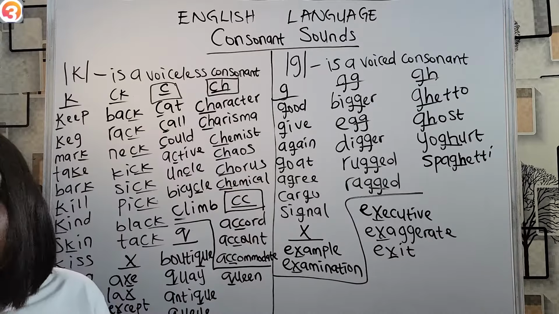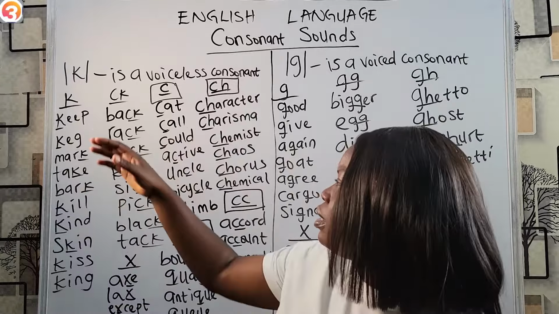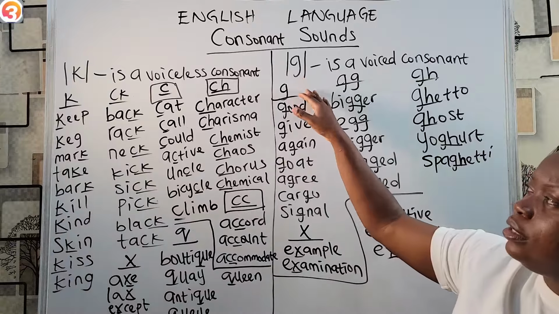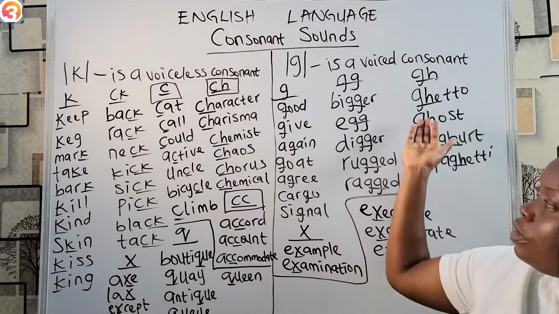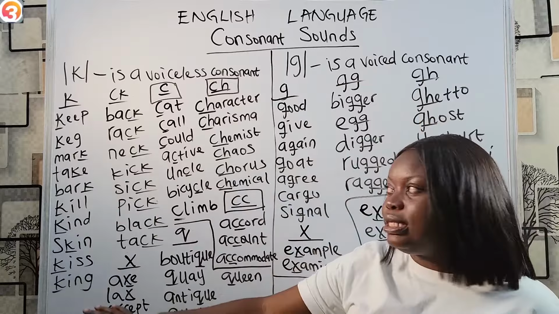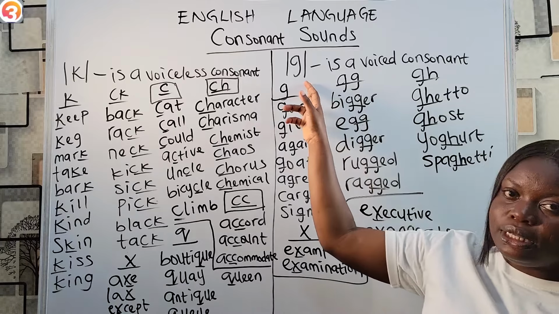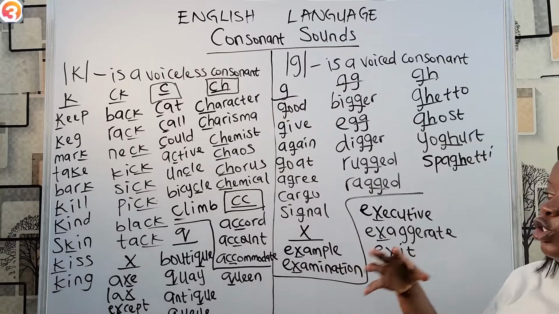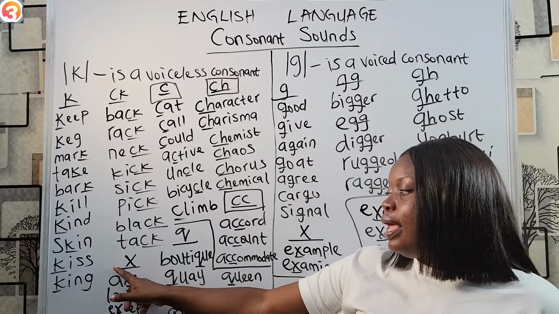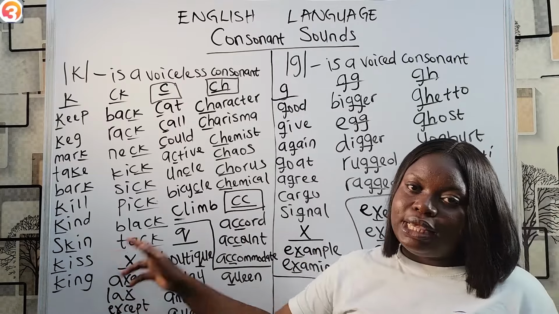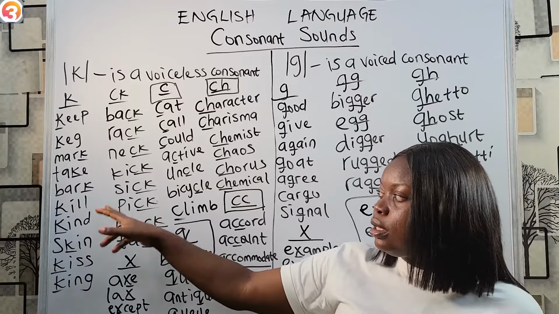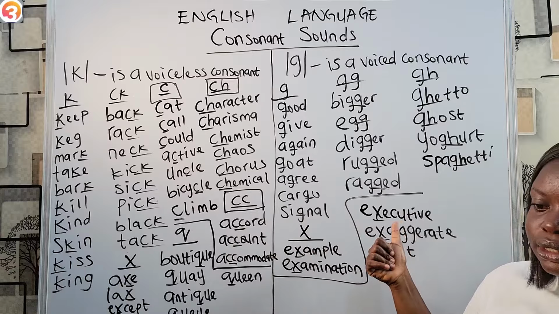Words like this. So this is K and G, the voiceless and the voiced. And then these are examples of words that contain this consonant sound and examples of words that contain the G consonant sound. If you check, there are some similarities, especially with the X. Words containing letter X, some are pronounced as K, some contain the G sound.